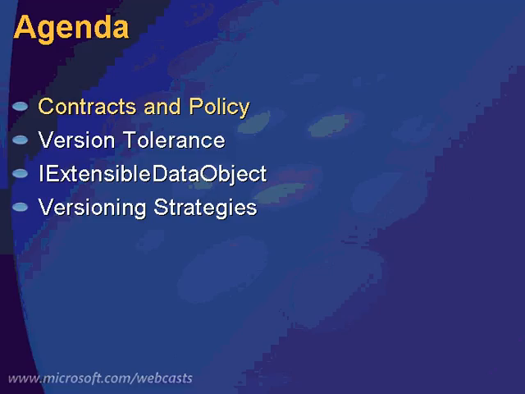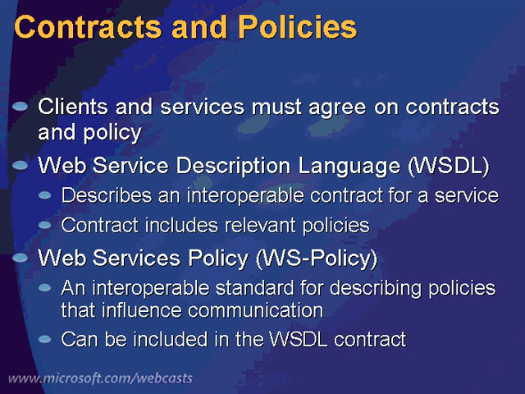To get started, I'm going to do a quick review of contracts and policy. As you're probably familiar, if you've done some work with WCF already, all clients and services that communicate with one another have to agree on some form of contract, and possibly policy related to security and so forth. When you create a service, you end up generating a series of operations that are available at a particular address, so a set of functions that can be called.